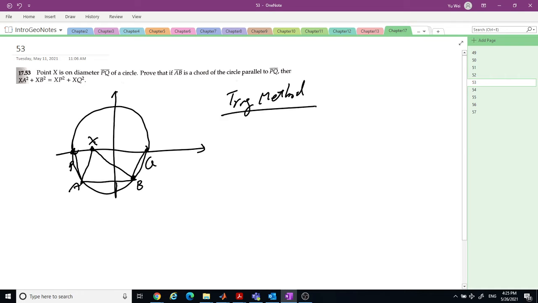So for the trigonometry, we know the XA of the square is equal to the... let's see, this is the O, right? So let's see, this is the OX is... P, okay?